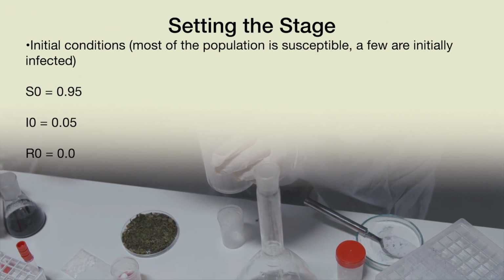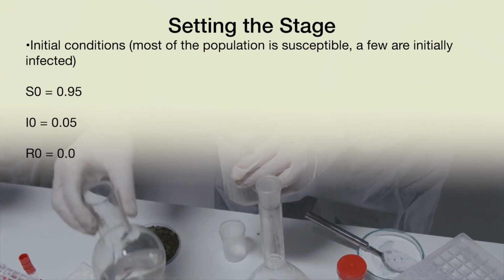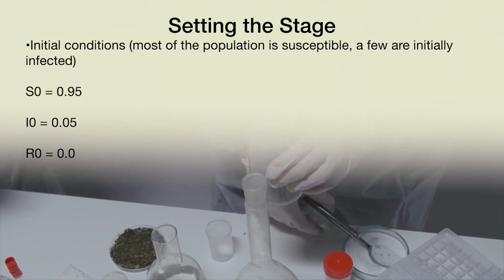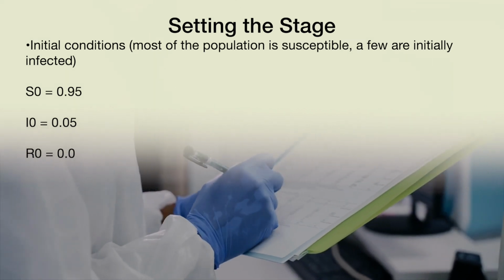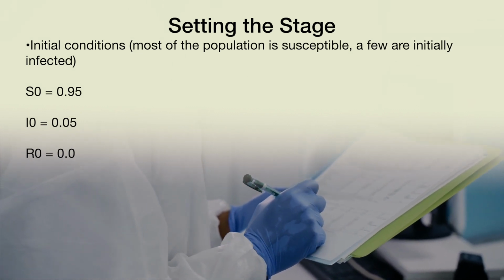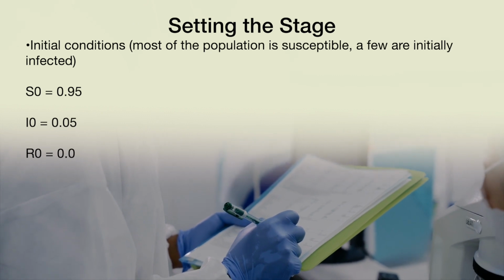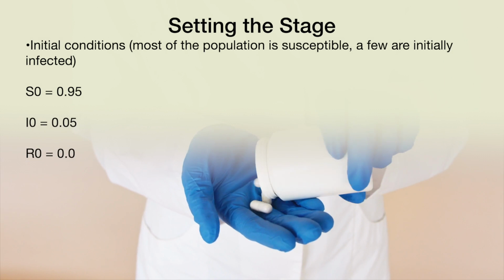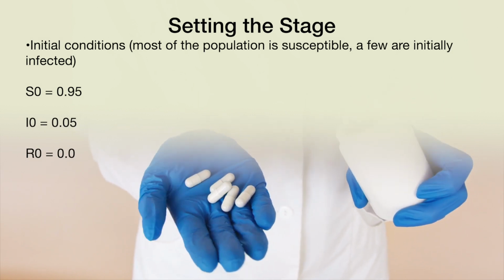Most of the population is susceptible, a few are initially infected. So how will we write this? We'll write S naught initial S, I naught initial I, R naught initial R. S naught we are considering 0.95, you can change it according to your scenario. I naught we are considering 0.05 and R naught we are considering 0.0.